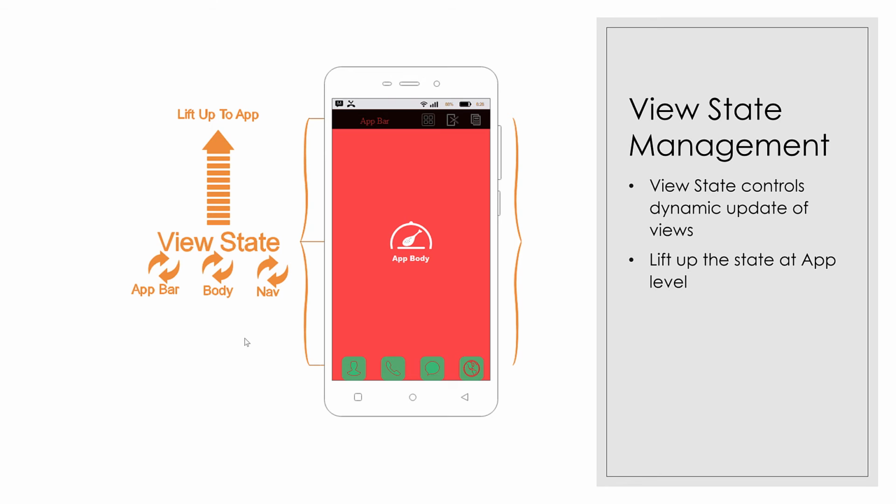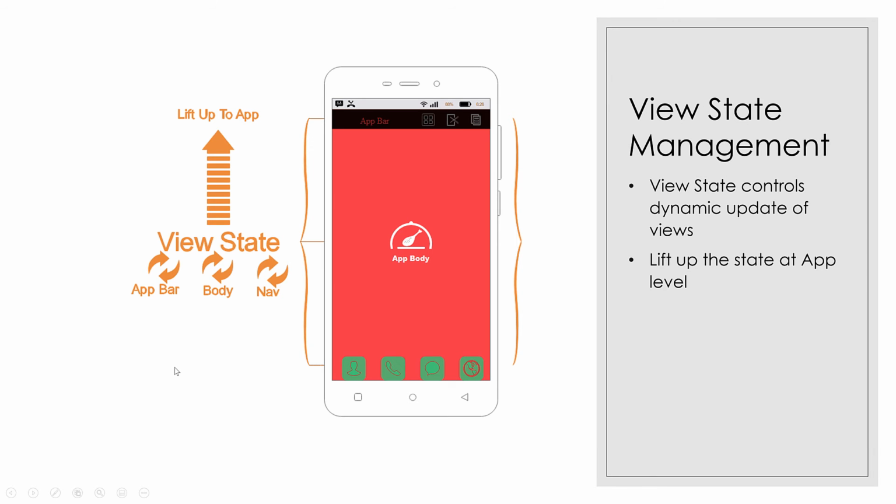that has been lifted all the way to the application level, because all three components of our application, the app bar, the bottom navigation, and the body, are part of the app layout that we have created. That would mean that the view state needs to be lifted all the way up to the app level so that the different components of the app can subscribe to this view.